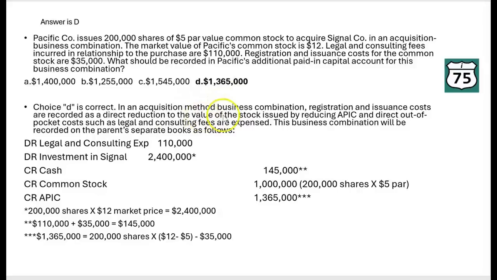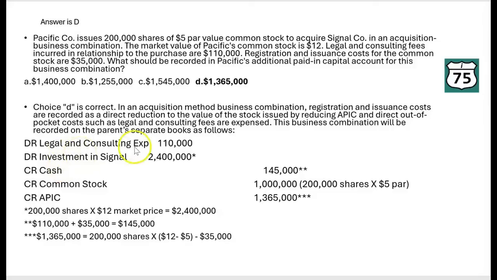That's because in an acquisition method business combination, registration and issuance costs are recorded as a direct reduction to the value of the stock issued, and that's going to reduce additional paid-in capital. Now, direct out-of-pocket costs such as legal and consulting fees get expensed. So this business combination will be recorded on the parent's separate books as follows.